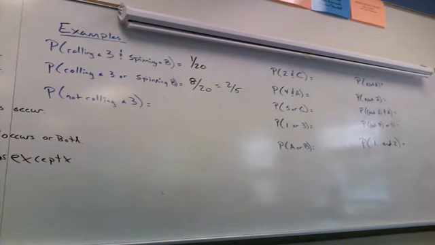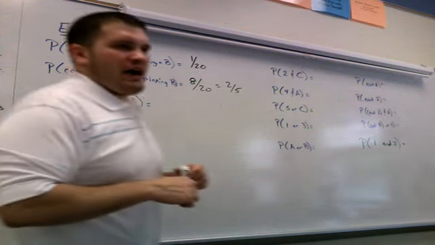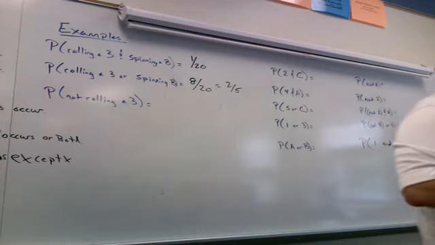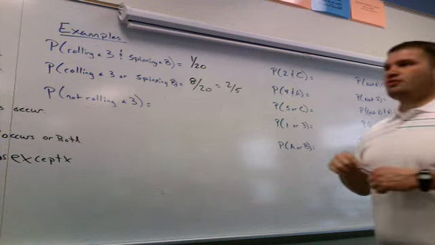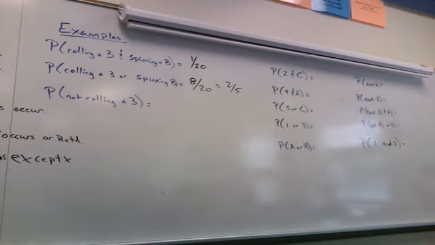Okay, last one, the probability of not rolling a 3. That means I'm looking at everything except for the boxes with a 3. So these boxes all have 3s, and I'm not counting those. I'm going to count everything that doesn't have a 3. So 1A, 1B, 1C, 1D, 2A, B, C, and D, 4, and 5, those all work.